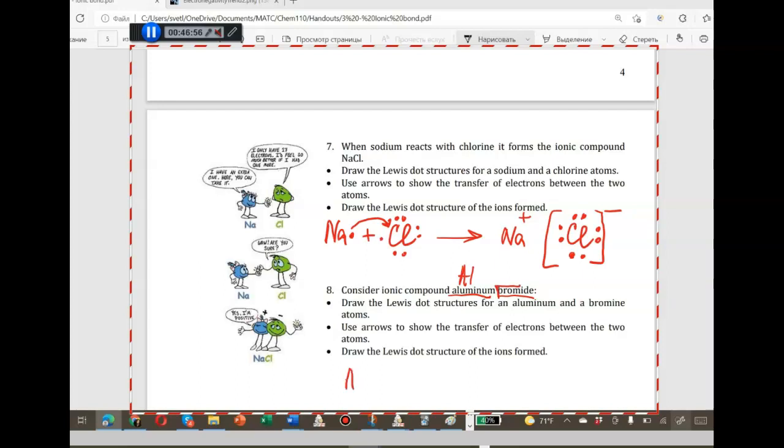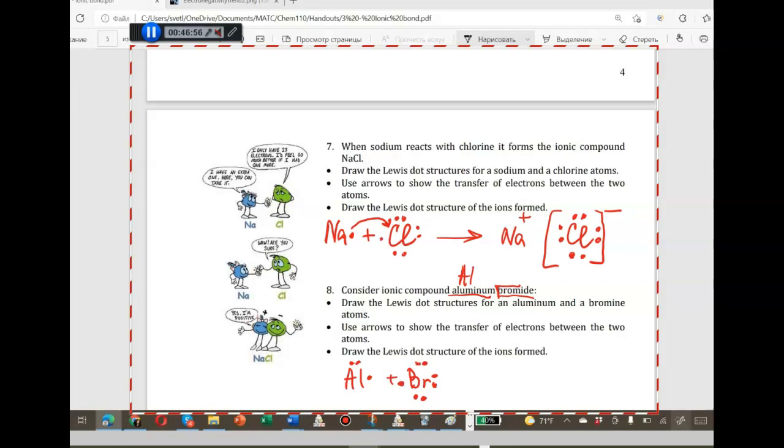So aluminum and the symbol Br. Aluminum, group number 3A, that means it has 1, 2, 3 valence electrons, and bromine has 1, 2, 3, 4, 5, 6, 7 electrons.